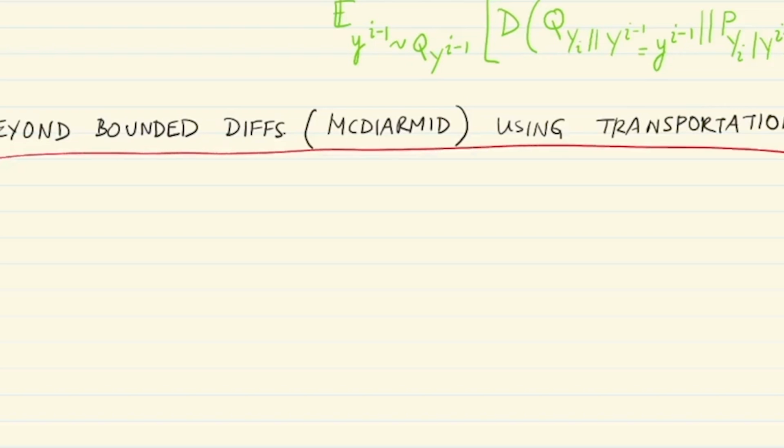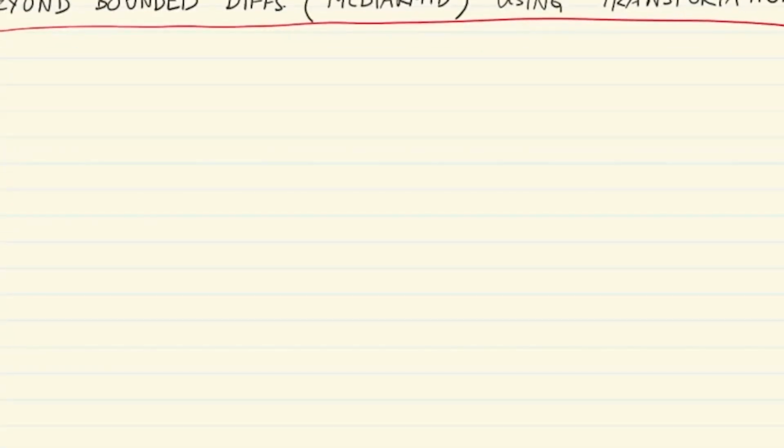Now let's consider a setting as follows. Consider a function f which satisfies a property that is weaker than the bounded differences property.